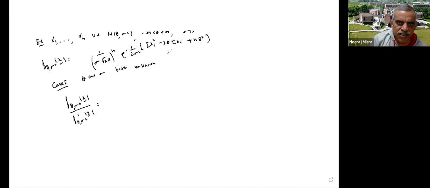E to the power minus n theta square by 2 sigma square will get cancelled in the numerator and denominator. So what you are left with is e to the power 1 by 2 sigma square, summation yi square from the numerator minus summation xi square, plus theta by sigma square, summation xi minus summation yi.